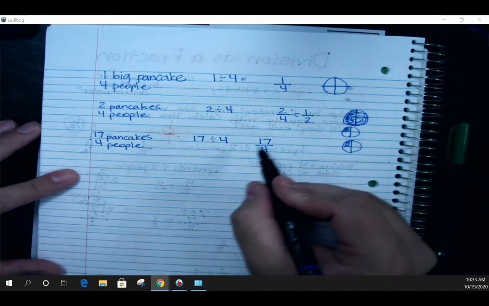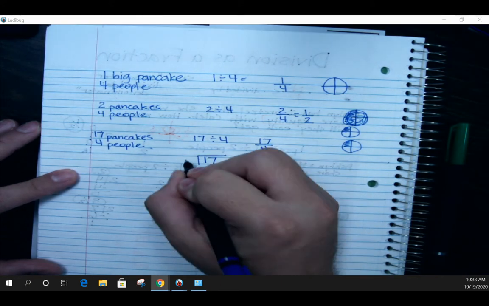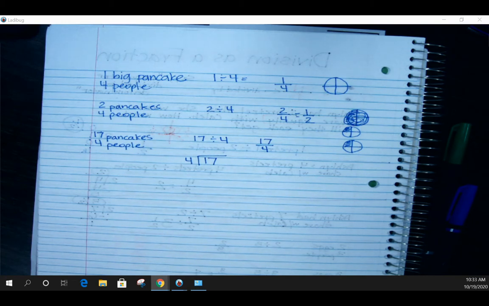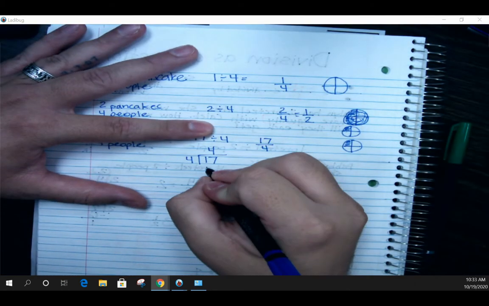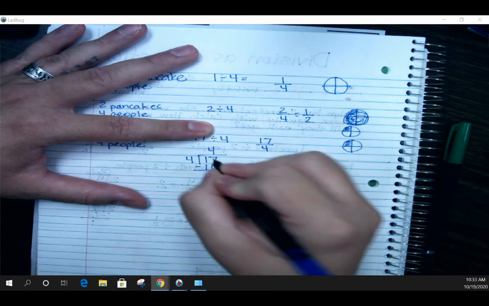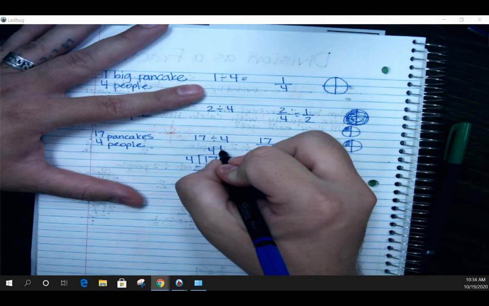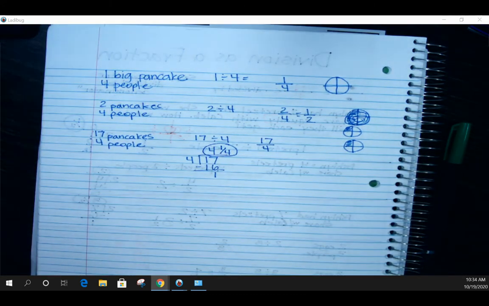So now I have 17/4, or I can set it up 17 divided by 4. 4, 8, 12, 16. If I go one more, it would be 20. That's too big. 4 times 4 is 16. 17 minus 16 is 1. Everybody gets 4 and 1/4 pancake.